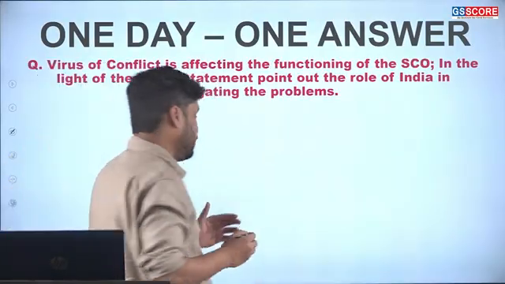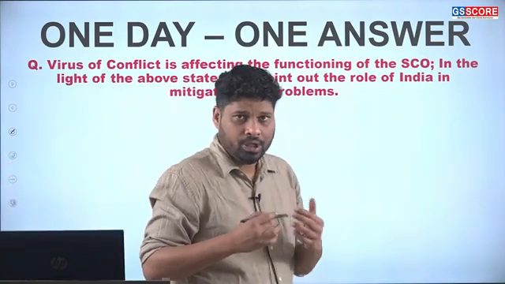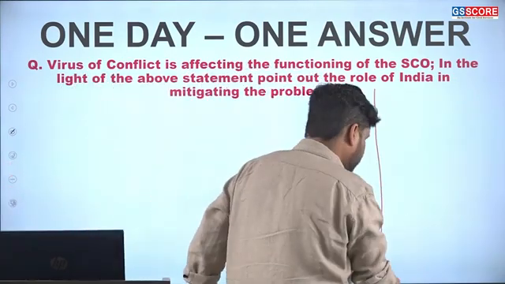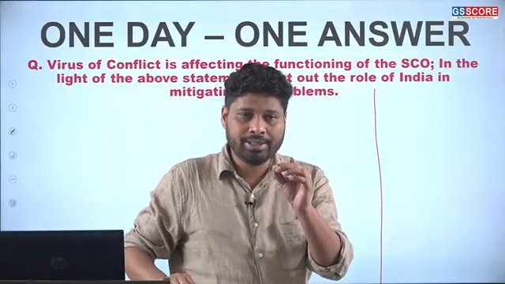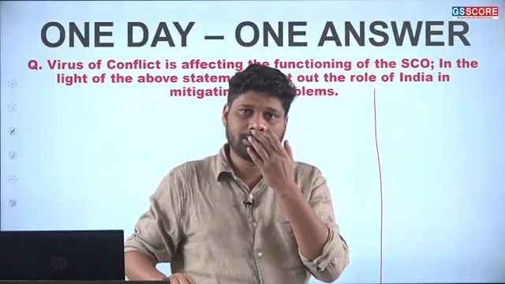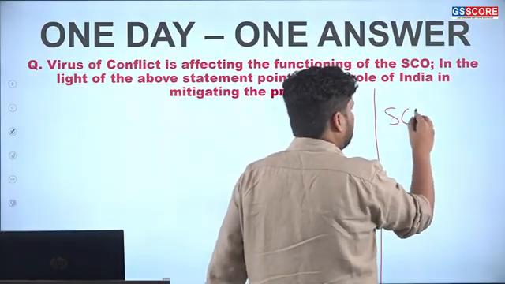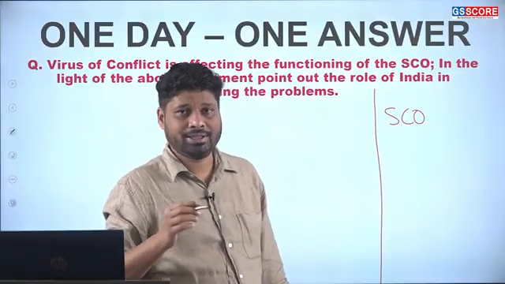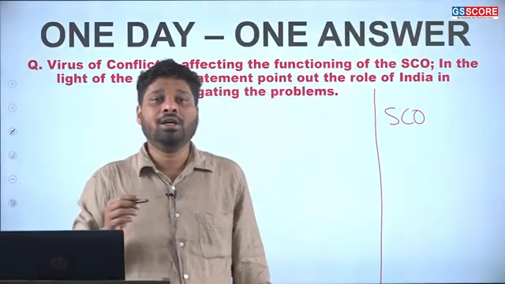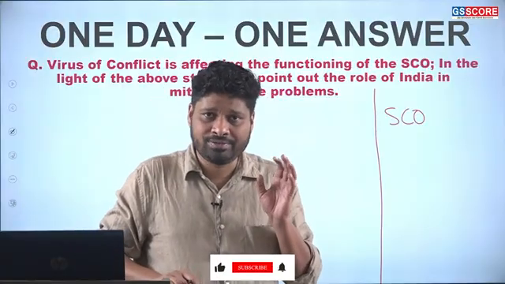As I told you, first and foremost you have to focus upon the objective. So in the introduction itself, what you have to mention is what that organization does. What does the Shanghai Cooperation Organization do? It is an intergovernmental organization or a regional organization or an international organization, whatever nomenclature fits you.